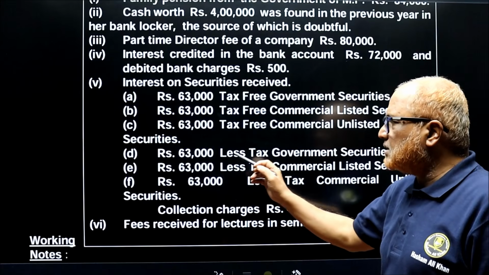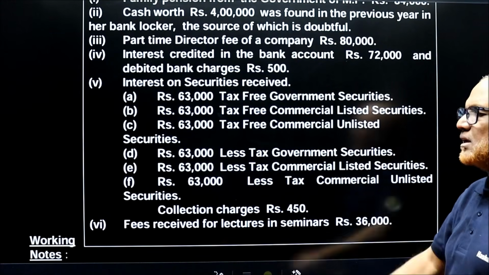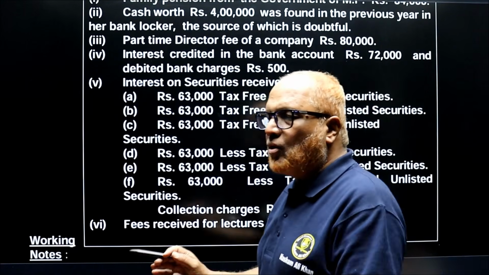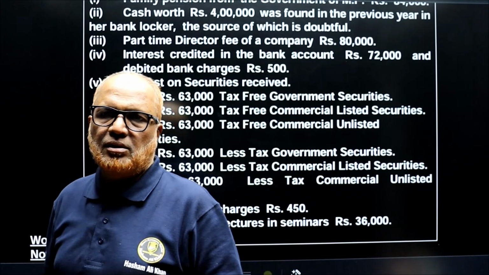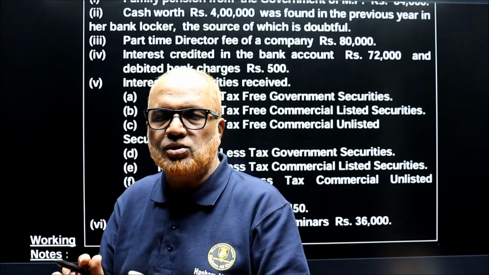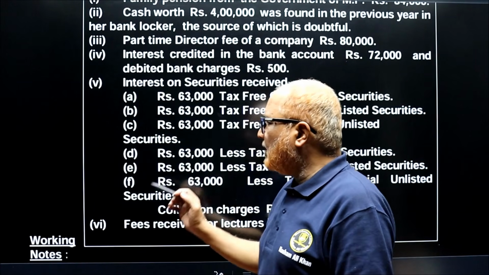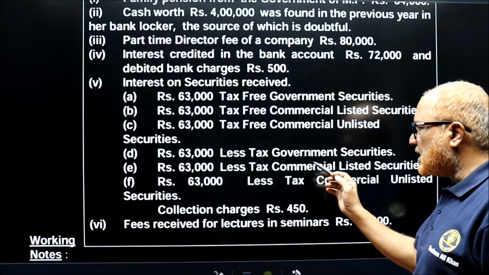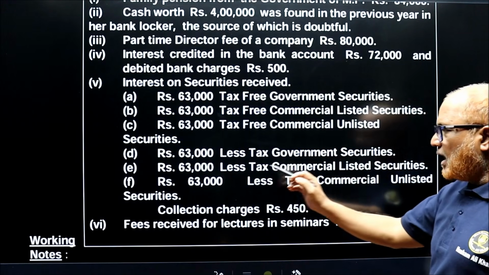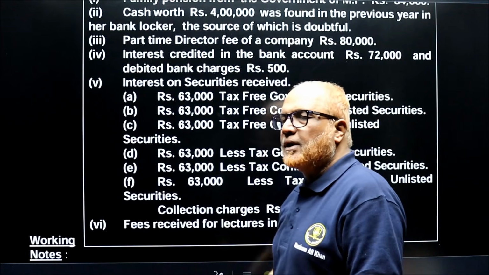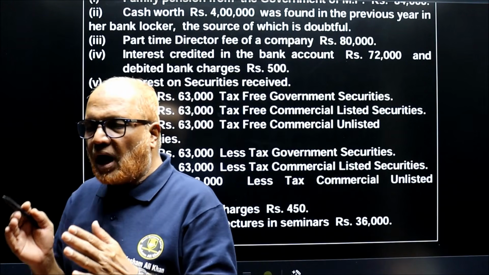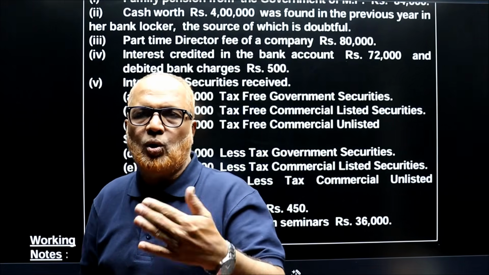Similarly, rupees 63,000 less tax government security. For any government security, the net interest will be the gross interest. The same 63,000, no grossing up. Whereas rupees 63,000 less tax commercial listed security and 63,000 less tax commercial unlisted security. For listed security or unlisted security, we have to gross up.